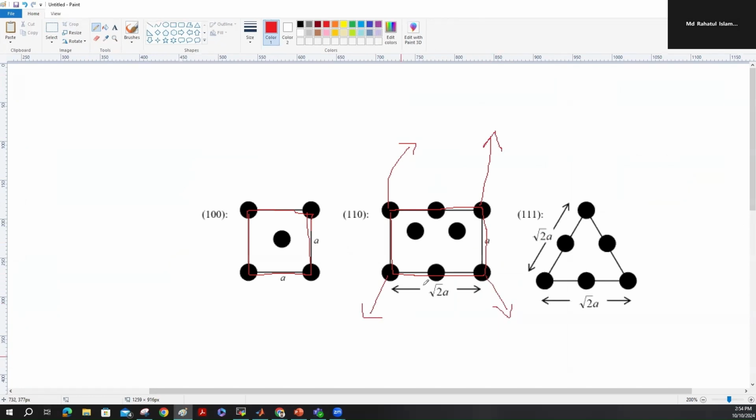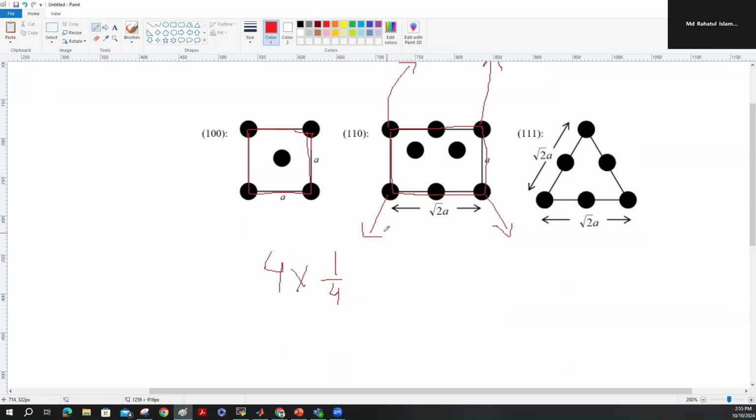As you can see, only 1/4 of these atoms are inside this 110 plane. So we have four of these and 1/4 of these atoms are inside the plane. So we are getting this. And then move to these atoms.